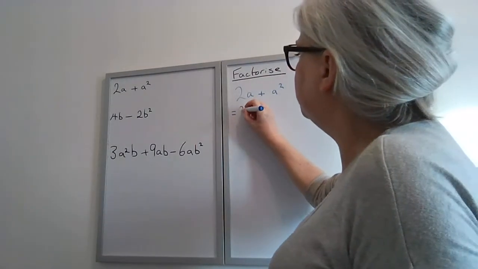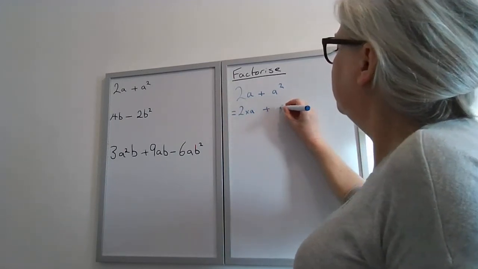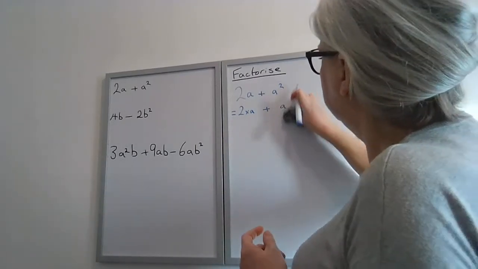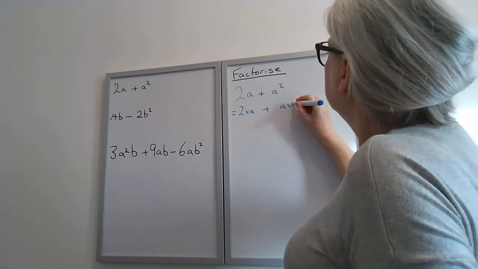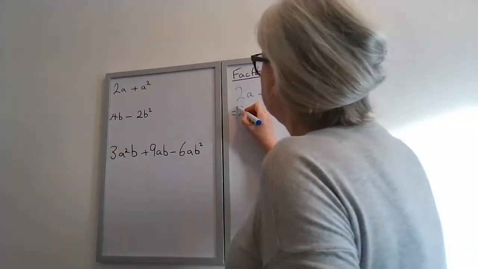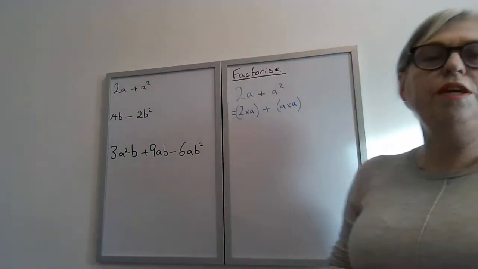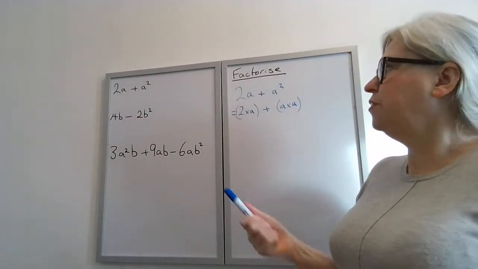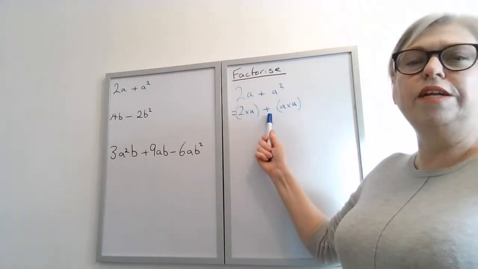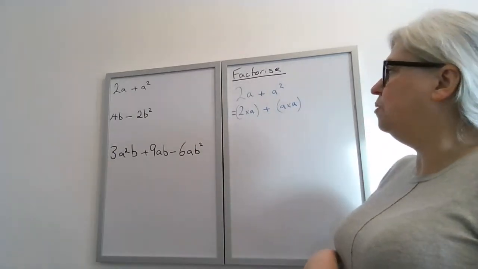That's actually the same as saying 2 times a plus a times a. I've added brackets just to make it a bit more obvious, but if you've learnt BODMAS, we would do the multiplication before the addition, so the brackets aren't really needed. But it's a good idea to put them in at this stage just to help you to see what we're doing.